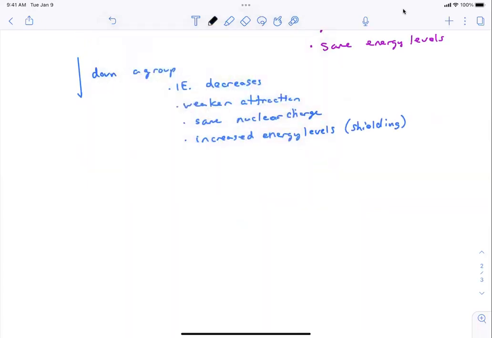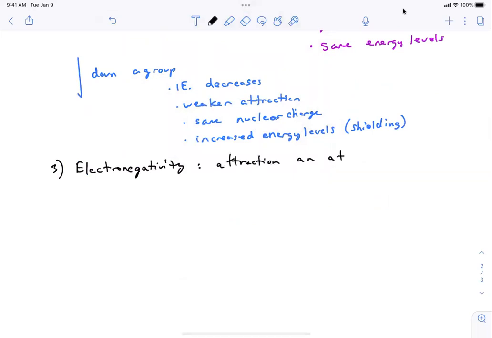Third trend. Electronegativity. The attraction an atom has for a shared pair of electrons.